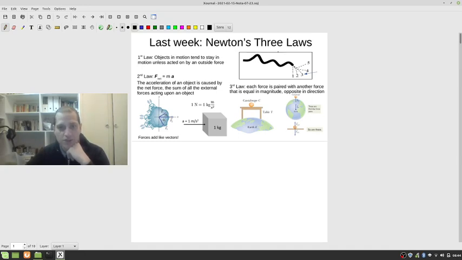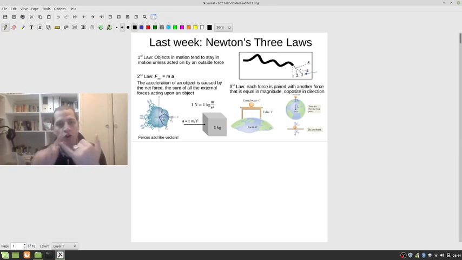Keep in mind, we're seeing this from the top down. We're not seeing a ball being pulled down by gravity. We're just seeing that if it's on a frictionless surface and we don't have any other forces, it just keeps on going in a straight line at the same speed.